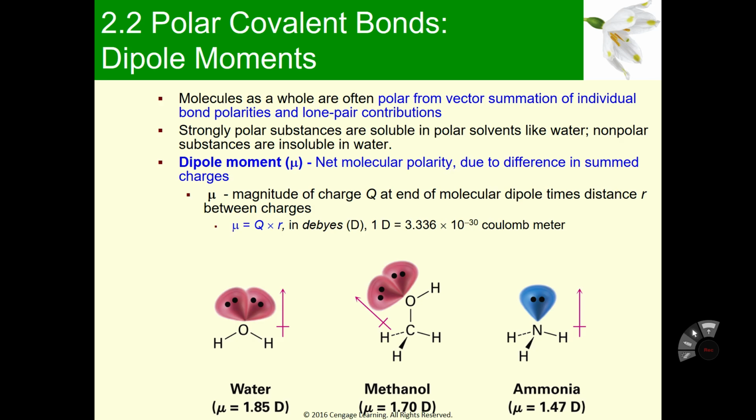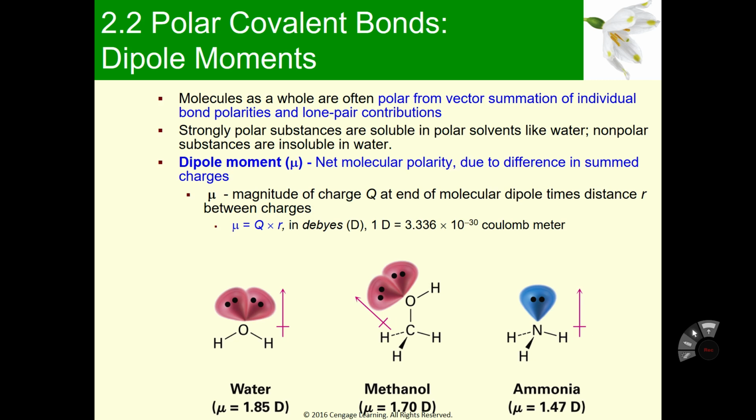If they have polar character, one atom has delta plus and the other atom has delta minus, so we can draw a vector of the charge between the two atoms, and we can define the dipole moment between the two atoms.